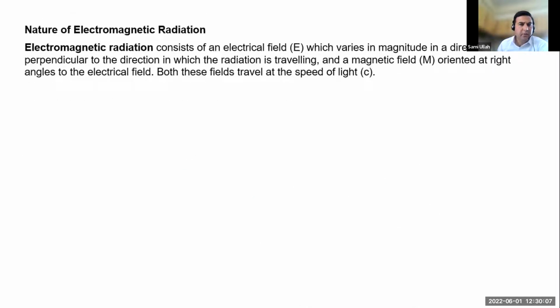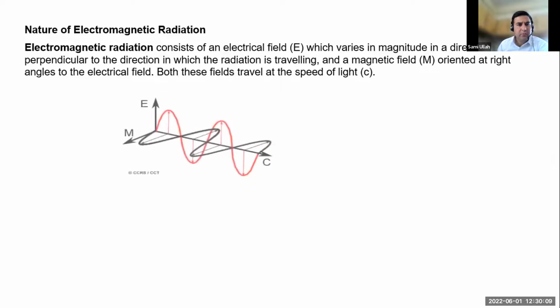A little more detail, but the physicists know much more: this electromagnetic radiation, which we basically call light, consists of an electric field, which varies in magnitude in a direction perpendicular to the direction in which the radiation is traveling, and a magnetic field oriented at a right angle to the electric field, and both these fields travel at the speed of light.